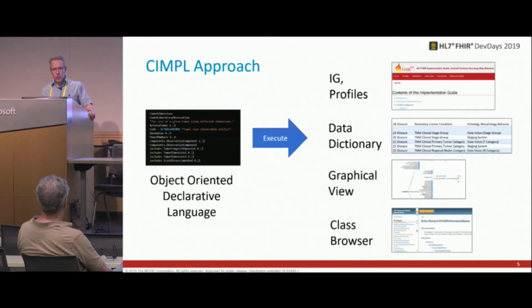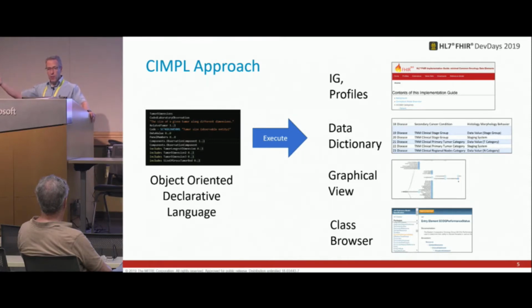CIMPL is really quite different. It's an object-oriented, declarative language where you describe what you want in your profiles, you execute this language, and you produce a number of different artifacts.